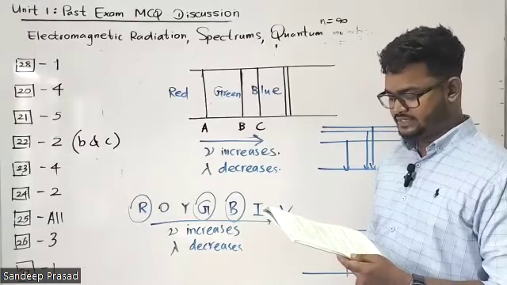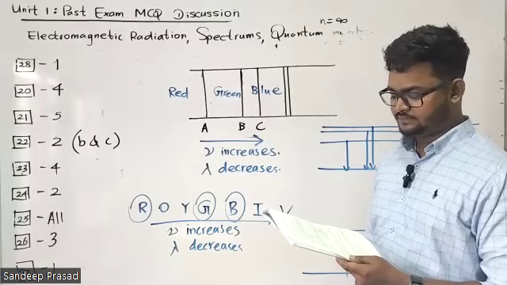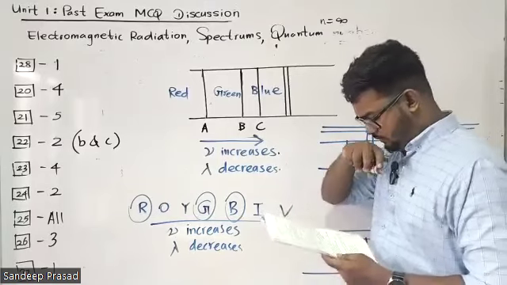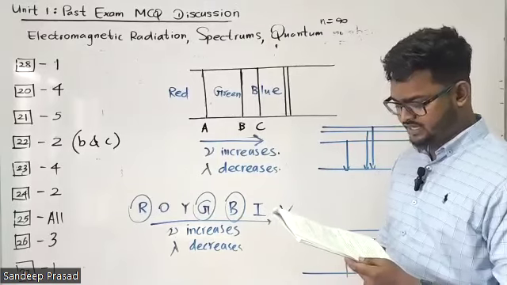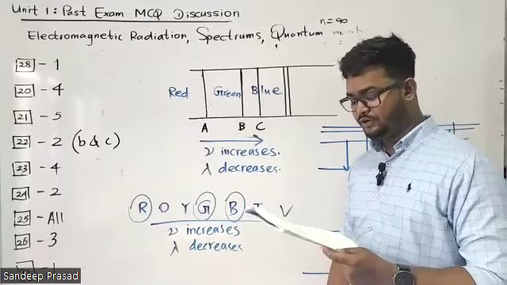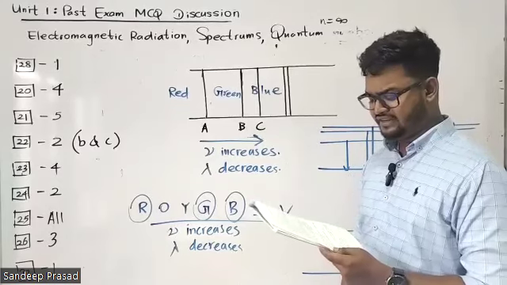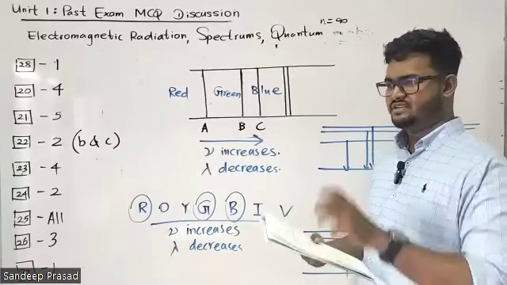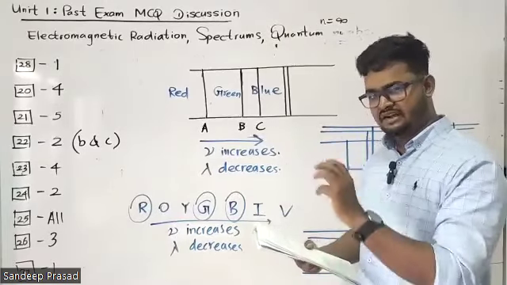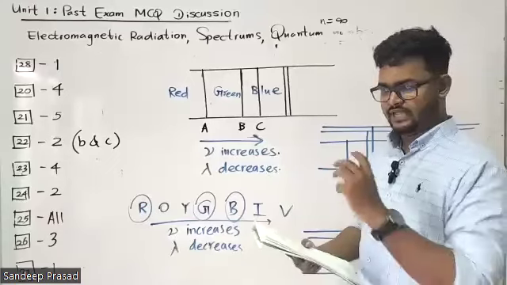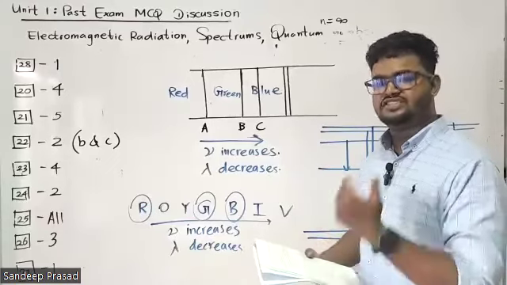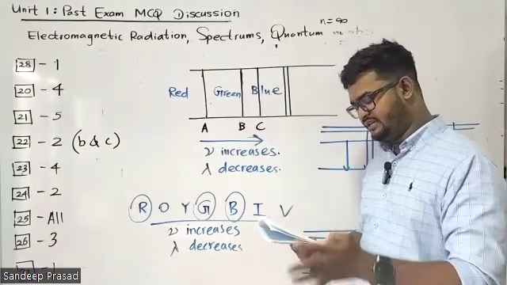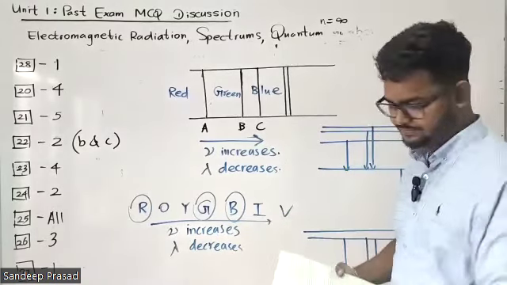So electrons are moving from a high energy level to a low energy level, and they are releasing some energy. So they're asking what is the correct order of the energy gap E1 minus E0 for the atoms. That means they're asking in which element the energy gap is greater, that means in which element the frequency is greater, right? So what are the colors they have given? Lithium, copper, sodium, potassium.